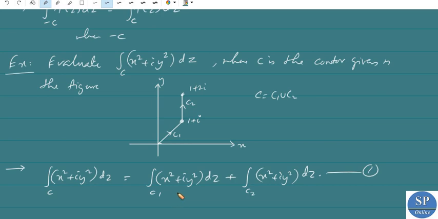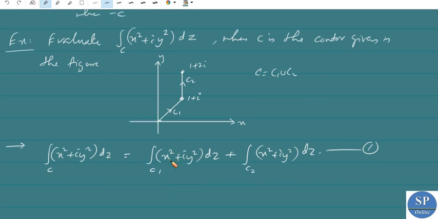So we can separately find these integrals. Consider C1. Now C1 is the line joining 0, 0 and 1, 1.